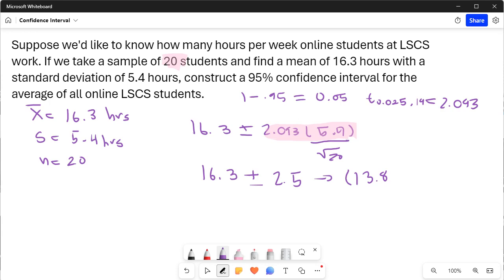One of the things we have here is that somewhere on this interval we have the average number of hours that online Lone Star College students work. So this is our 95% confidence interval for the number of hours worked per week: 13.8 to 18.8.